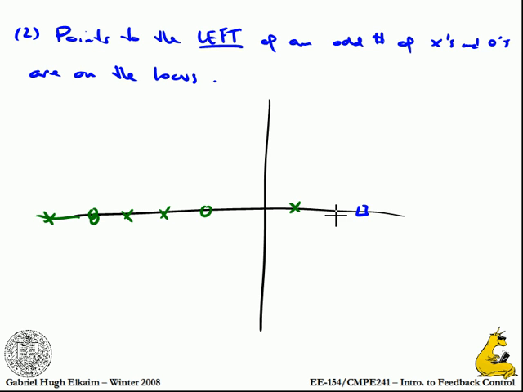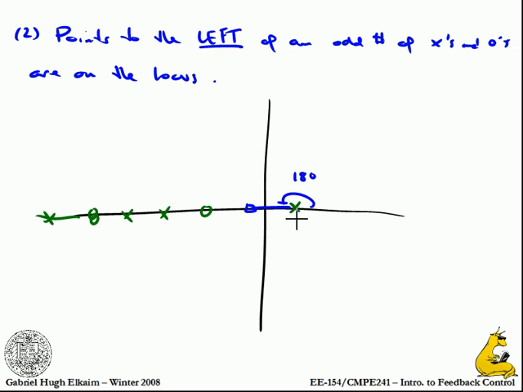So the angle here is 0. Now, as I move my probe point inwards, when I'm here, the angle is 180. All the rest of them are 0. So I'm at 180. In this case, minus 180 because it's a pole.